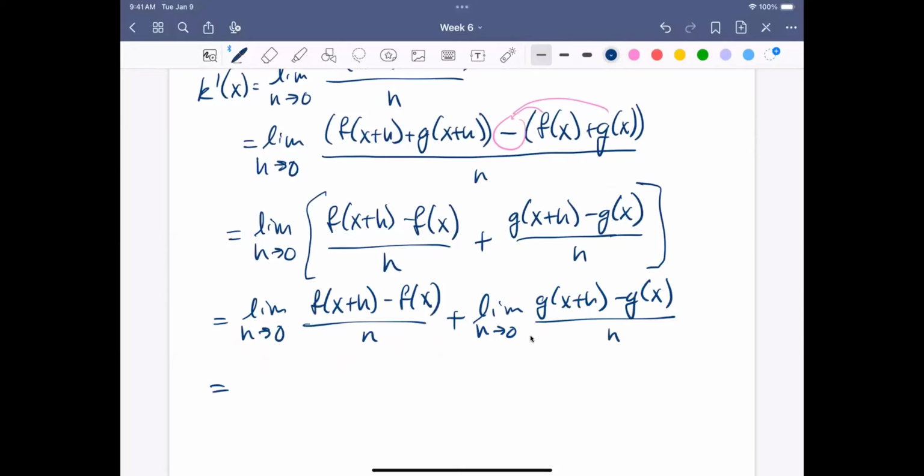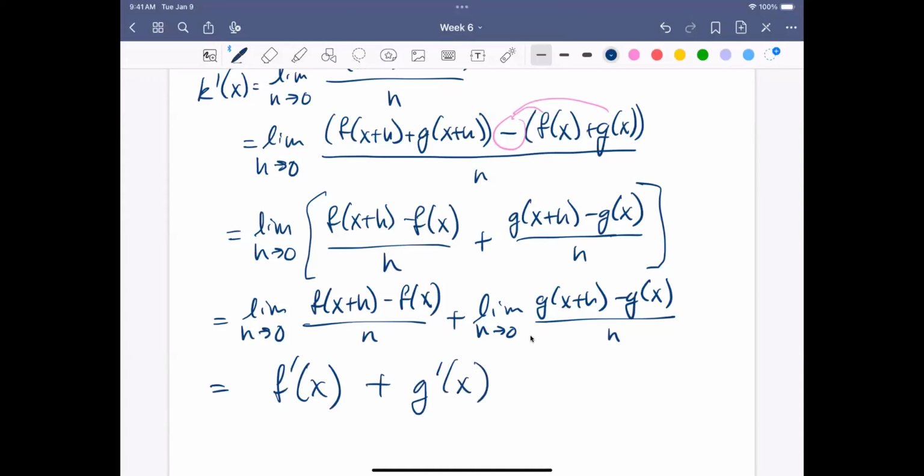Of what function? That's what I'm trying to get at. What's the name of the function that I've got? The first. Yeah, so that's the definition of f. So this is a definition of f prime of x. And then the second one. G, yeah, g prime of x.